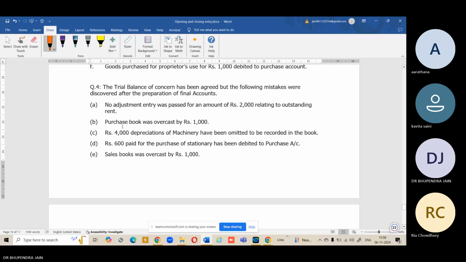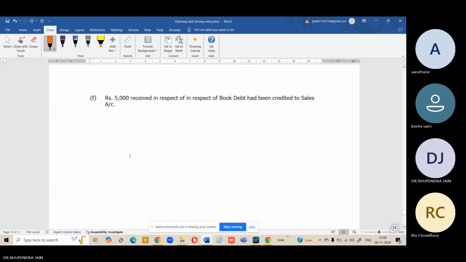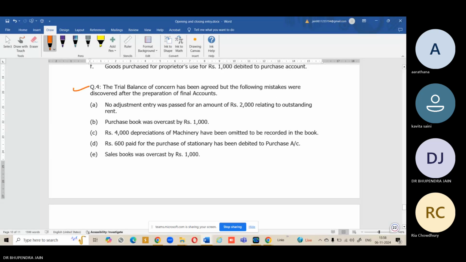So I am just going to solve question number 4. In this case, beta, the error affects the profit and loss account and the balance sheet also. ठीक है जी.